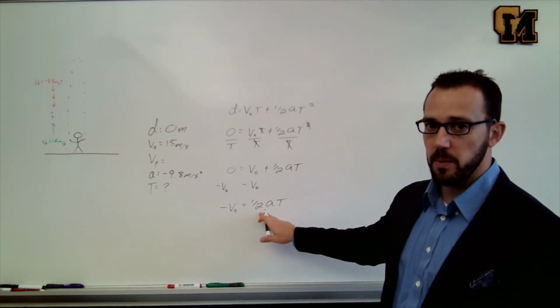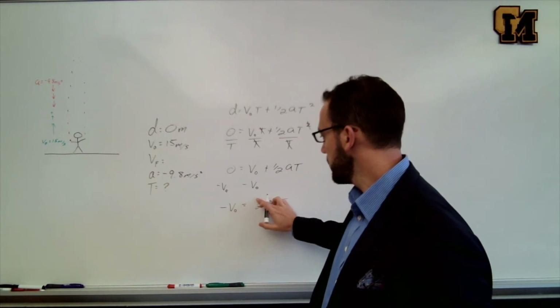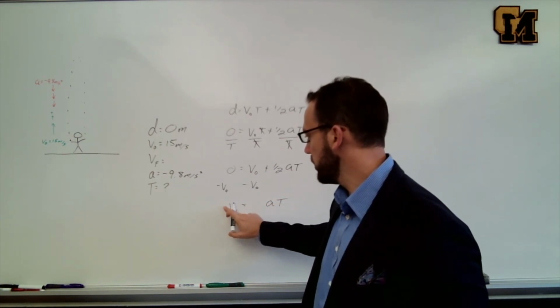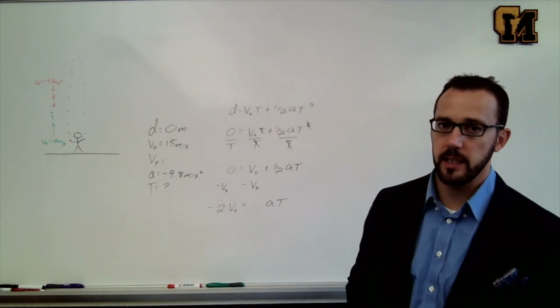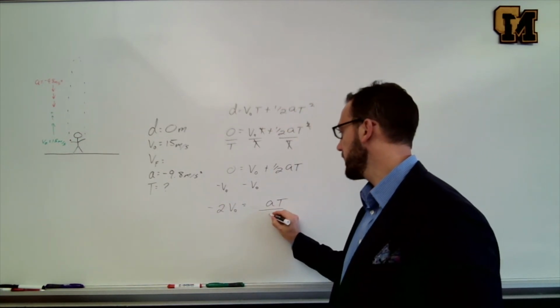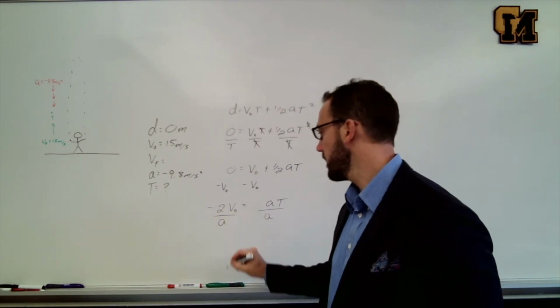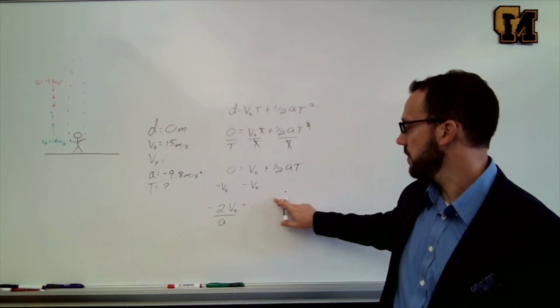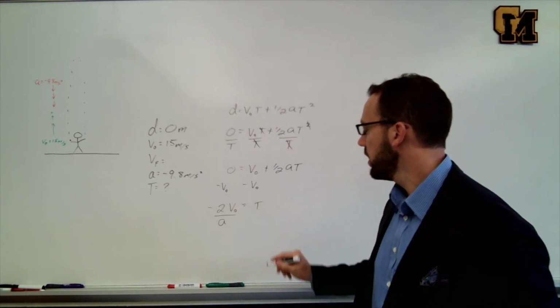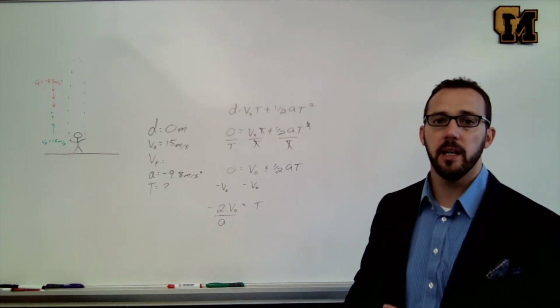I'm going to get rid of the half by multiplying by 2. So now I have minus 2 V naught equals AT, and I can divide by A to make the A go away. So negative 2 V naught divided by A gives me time.